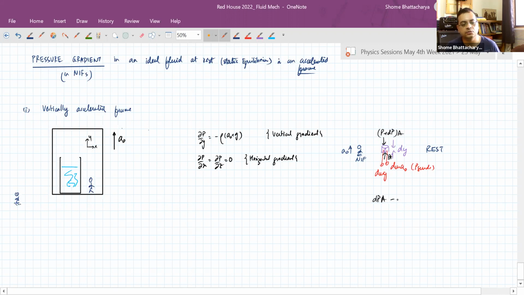So dp into A will become minus of dm into g plus a naught, and this dp will be written as vertical pressure gradient into dy. So this result will give us this.